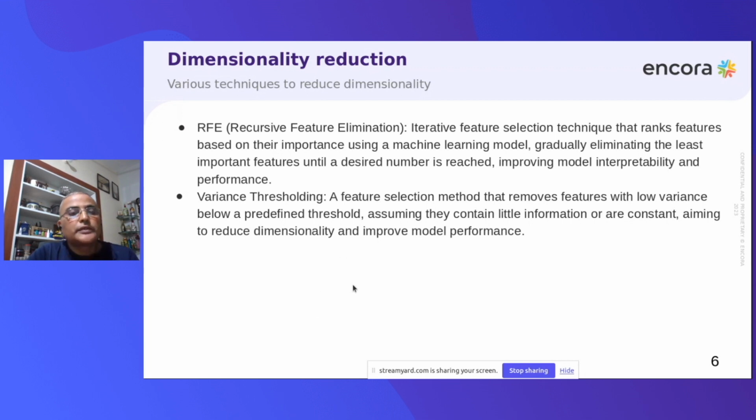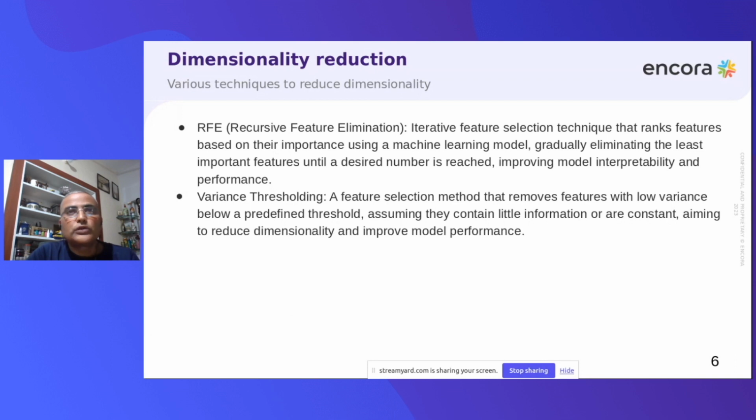So the next technique is basically variance thresholding. Here, the variance of each of the features can be computed. That's very easy to compute for every feature. Then any feature which has a variance of, say, 0.2 can be eliminated.